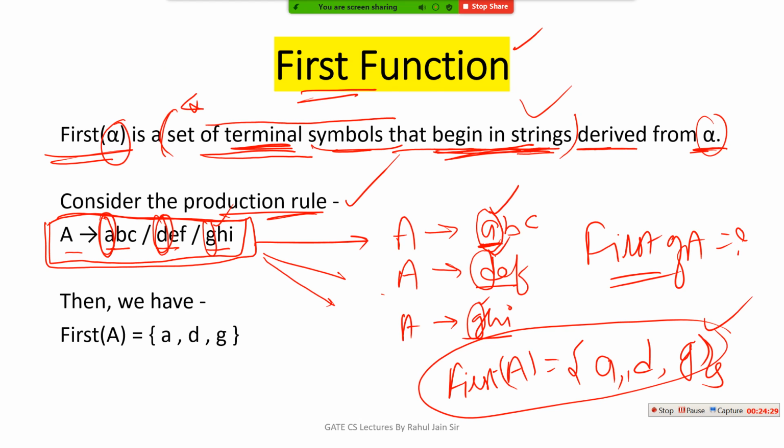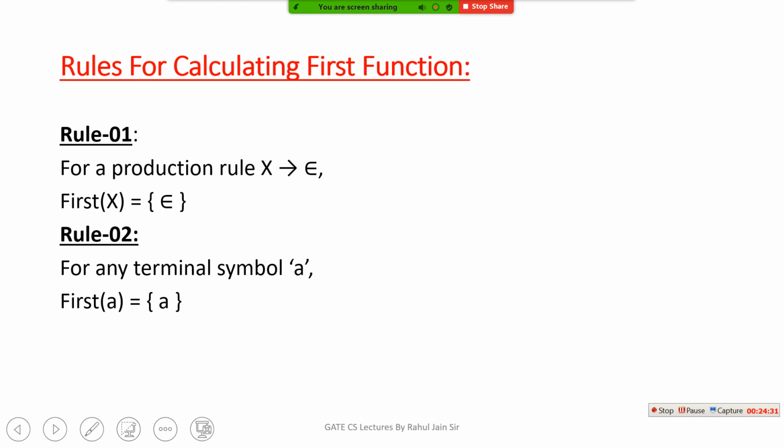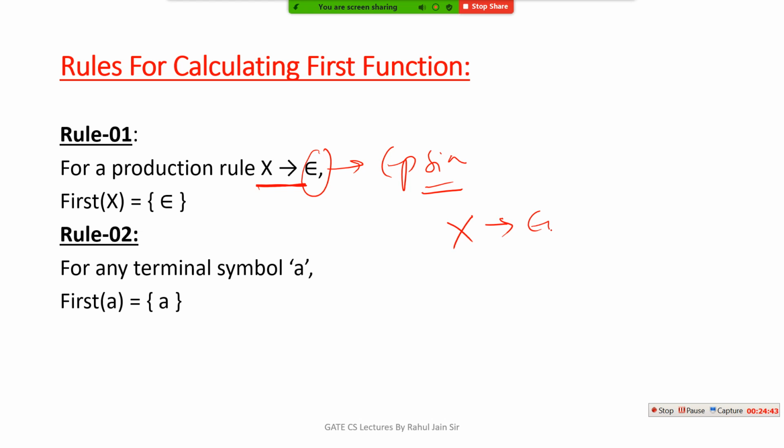This is the definition point of view. Now rule number 1 is, for the production X derives epsilon, this symbol is the epsilon symbol. If the production rule is like X derives epsilon, then first of X would be epsilon.